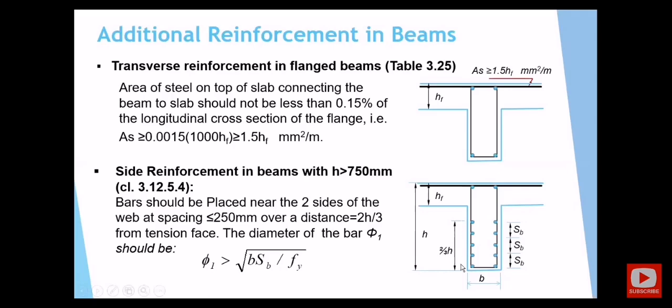We have to use side bars here. The diameter of these side bars should be greater than the square root of b times Sb divided by fy. fy is usually 460, b is the web width, and Sb is the spacing. So based on the spacing, you can choose the diameter, or based on the diameter, you will be able to get the spacing between these side bars.